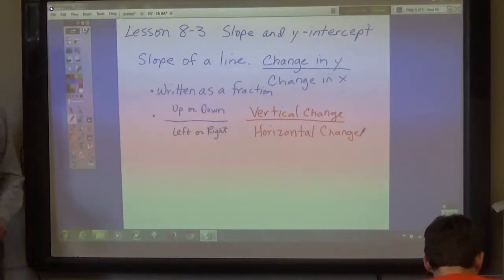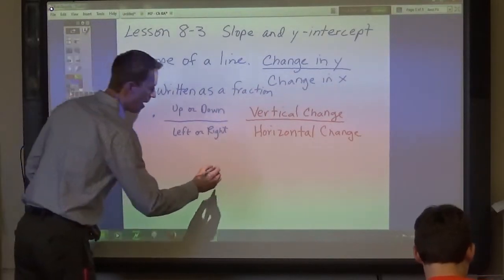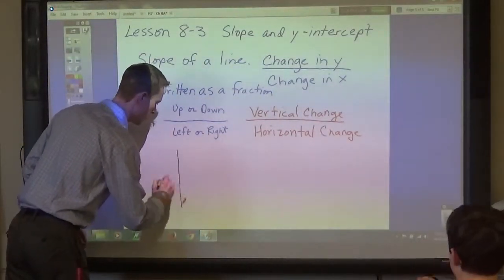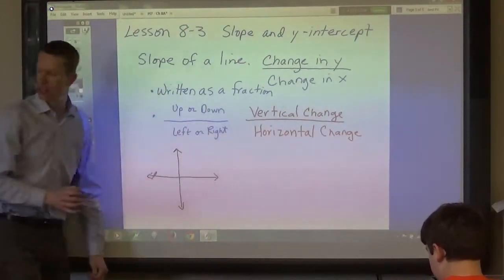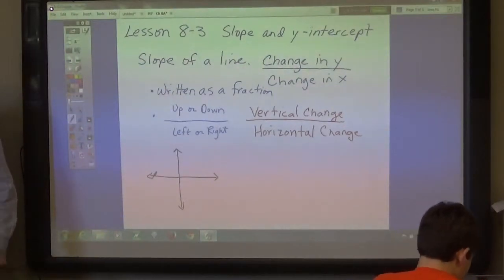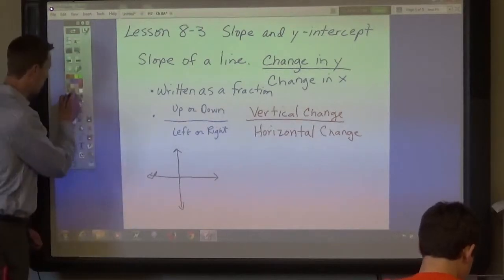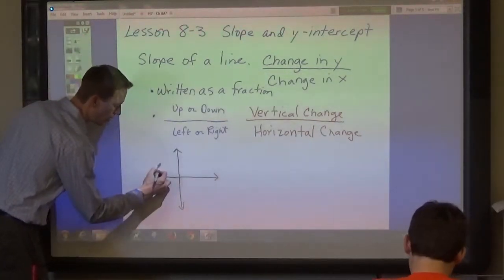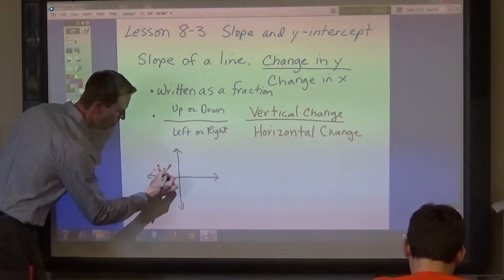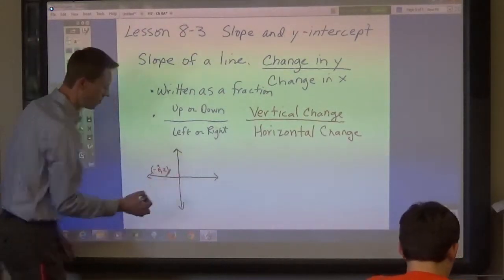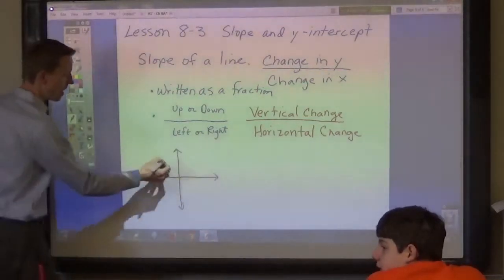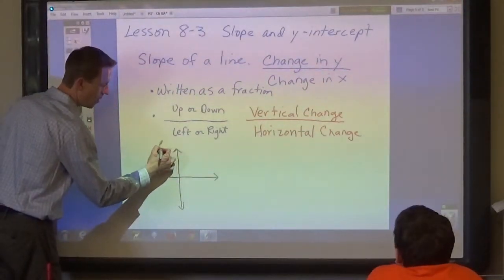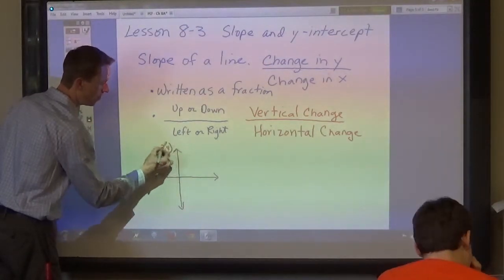So, let's look at some slope in your book. What if, on a graph, this is the graph on page 415, what if the graph was at this point, -6, 2, and the next point was at -2, 4.